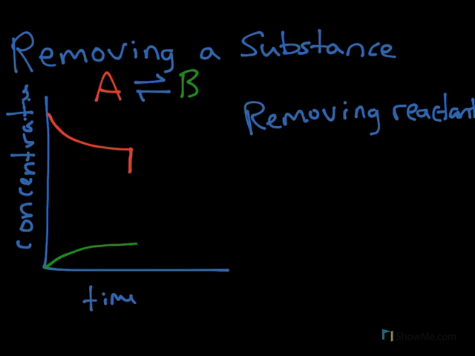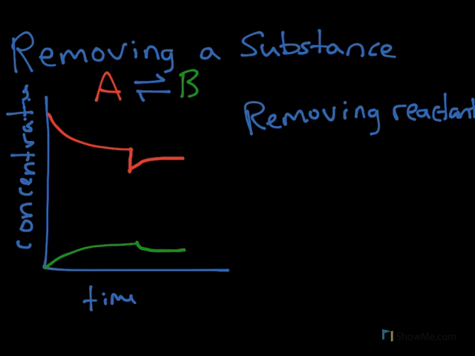This reaction will work to undo the stress applied to it, which means it's going to replenish A, but it's going to replenish A at the expense of B. So while this A will slowly creep its way back up, trying to reestablish equilibrium, this B would have to decrease to offset that. The only way to end up getting more A is at the expense of B.